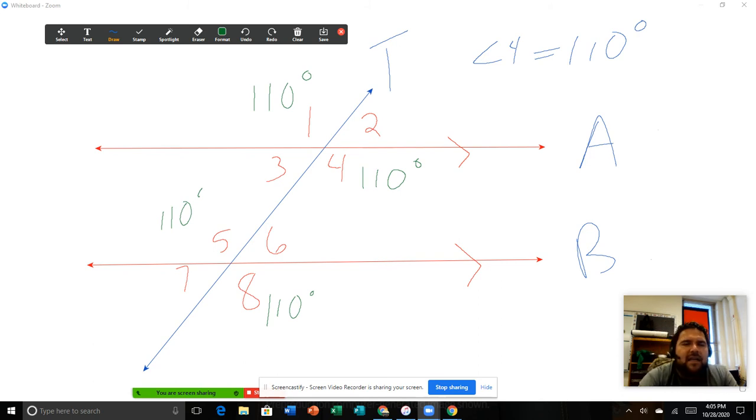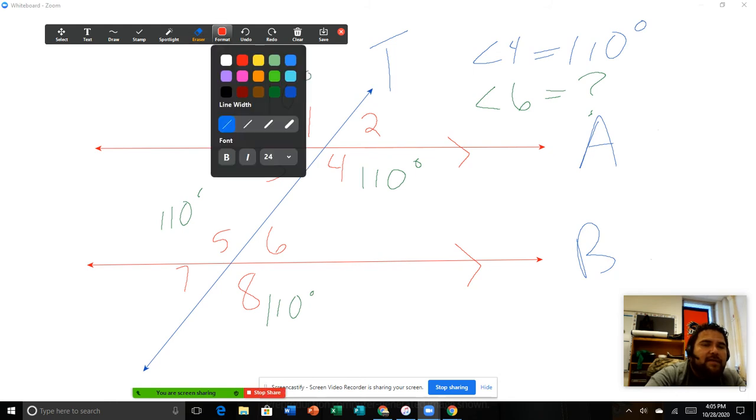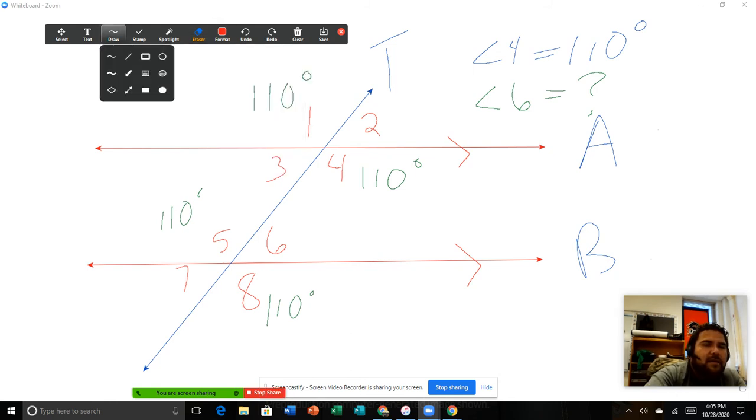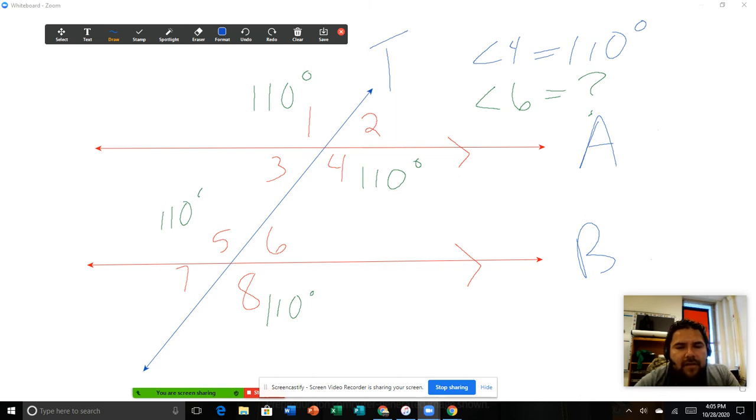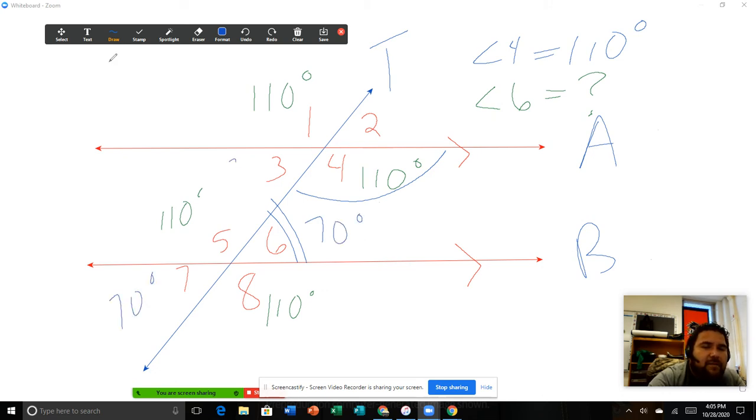Well, what if it asks for angle 6? We know that obtuse and acute angles, when lines are parallel, are supplementary. That means they add up to 180 degrees. So if this angle is 110 degrees, that means this angle is 70 degrees, which means I can then fill in the rest of the information for all of my acute angles.